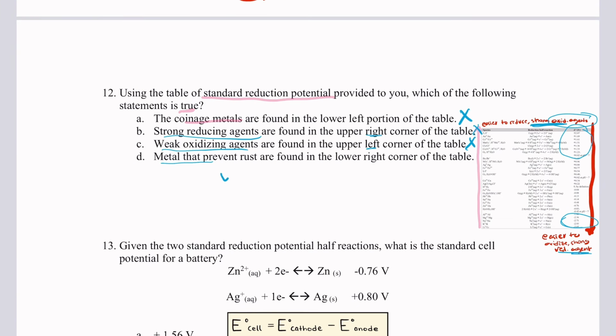These metals, such as zinc and magnesium, act as sacrificial anodes because they oxidize more easily than iron and therefore protect it from rusting. They occupy the region with very negative reduction potentials. Therefore, the true statement is D. Metals that prevent rust are found in the lower right corner of the table.